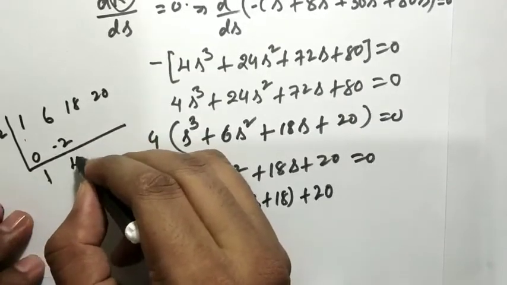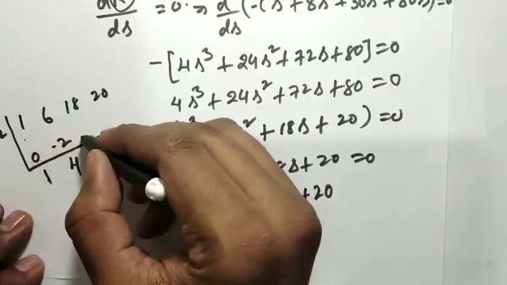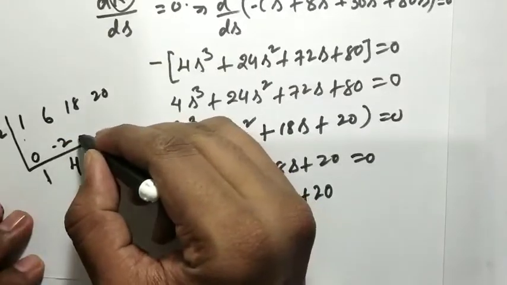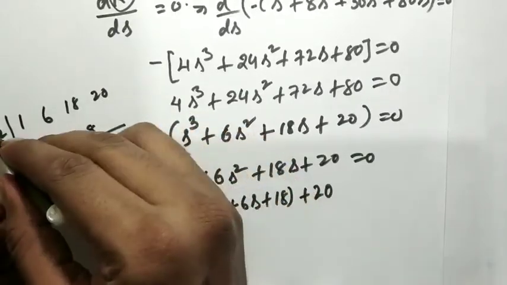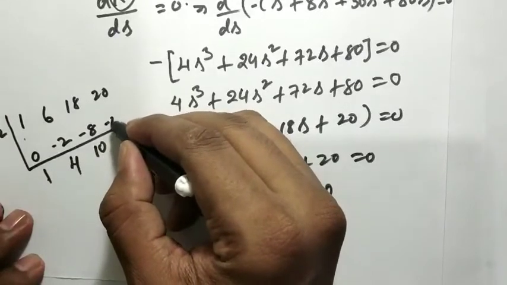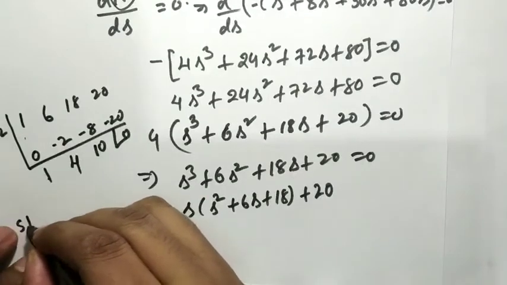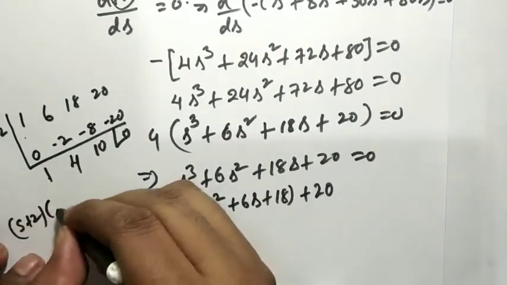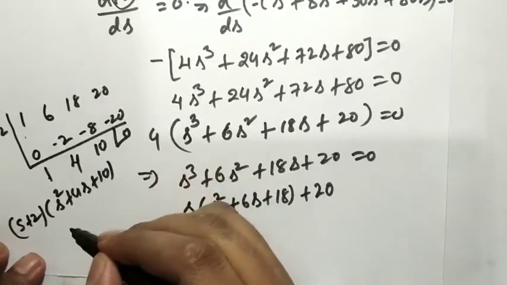Here you will get 4. Minus 2 into 4, how much? 8. 4 minus 8, so you will get a 10. So minus 20 into 10, so you will get minus 20. So this becomes 0. So what do you get now? S plus 2, and s square plus 4s plus 10, right?